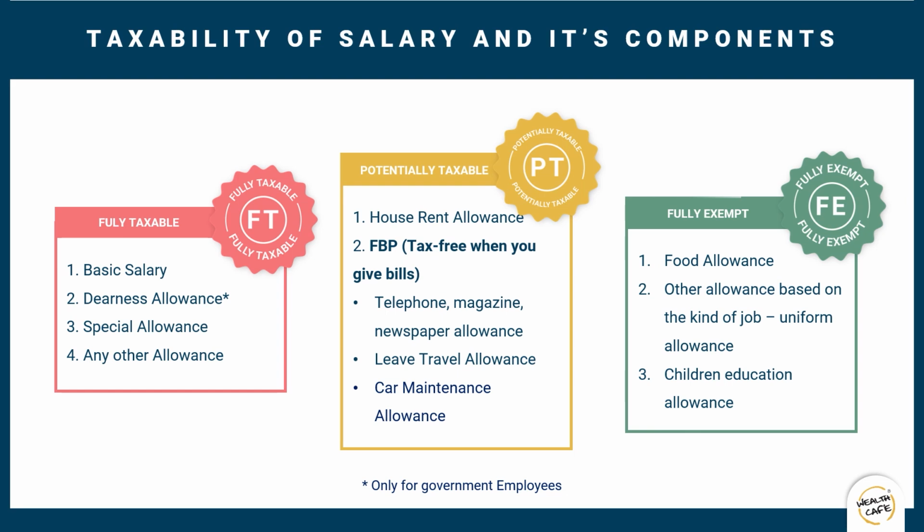For example, if you are given a children education allowance and you spend that money on the education of your children, to the extent of the limit specified, that money becomes tax-free in your hands. But if you do not use the money for that purpose, then the education allowance being paid out to you gets taxed in your hands. In addition to the various allowances, you also have the FPB category, which is your components which are treated as tax-free provided you submit your bills to your employer.